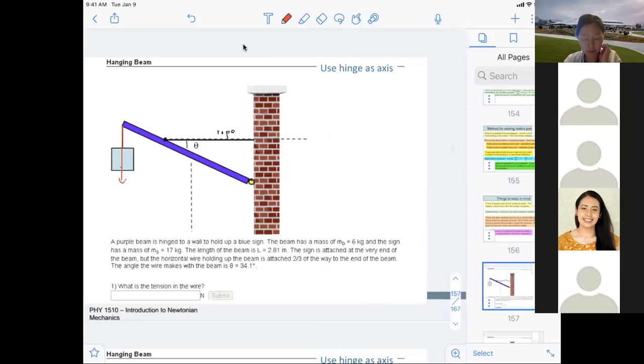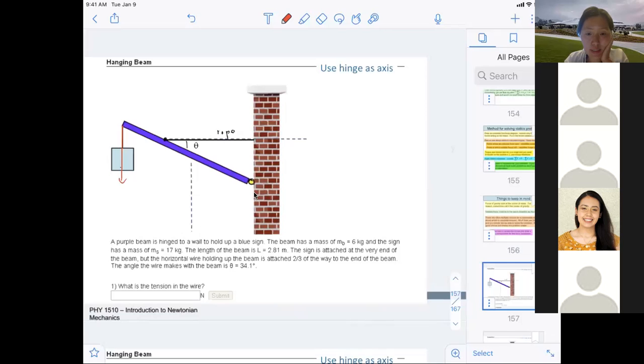Rosali said, is there a torque about the hinge? Yes, so from the hinge, definitely there are some forces acting on the beam. So we could draw the forces from the hinge. Notice that we don't necessarily know exactly what direction the hinge force is pointing. So we could just assume there are some horizontal forces and some vertical forces.